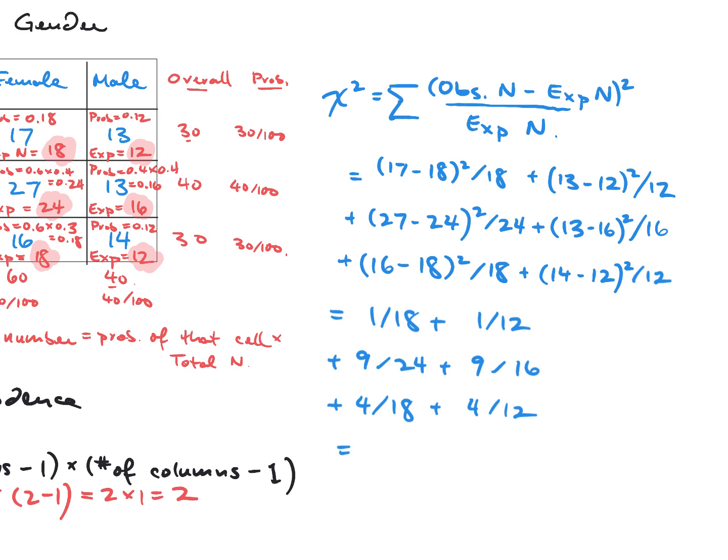So it's time for a calculator. 1/18 is 0.0556, plus 1/12 is 0.0833, plus 9/24 is 0.3750. Next is 9/16, so 0.5625.